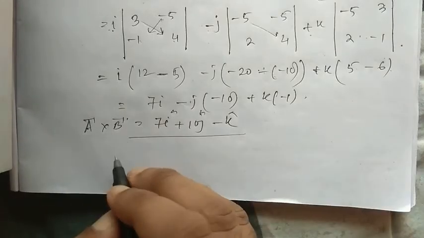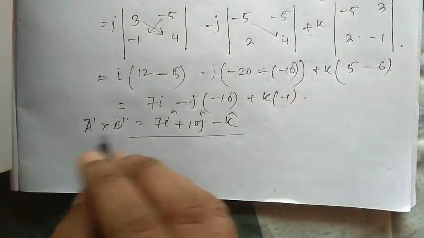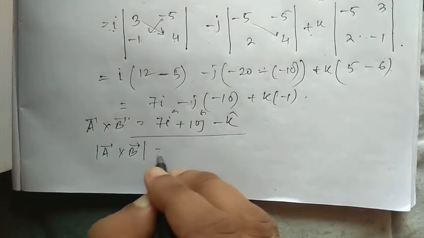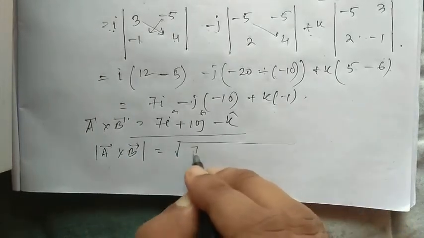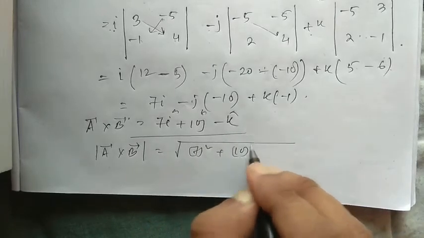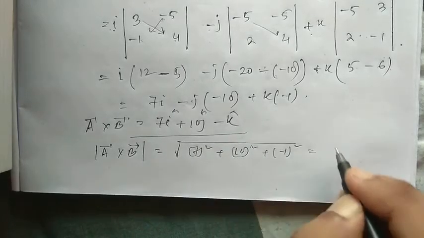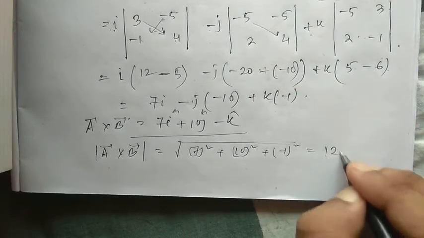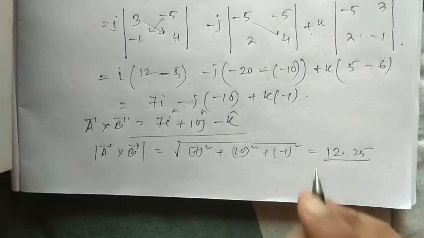Now if you are asked to find the magnitude of this vector, similar to what we have learnt earlier: 7 square plus 10 square plus minus 1 square. If we calculate this, we get 12.25 from the calculator.